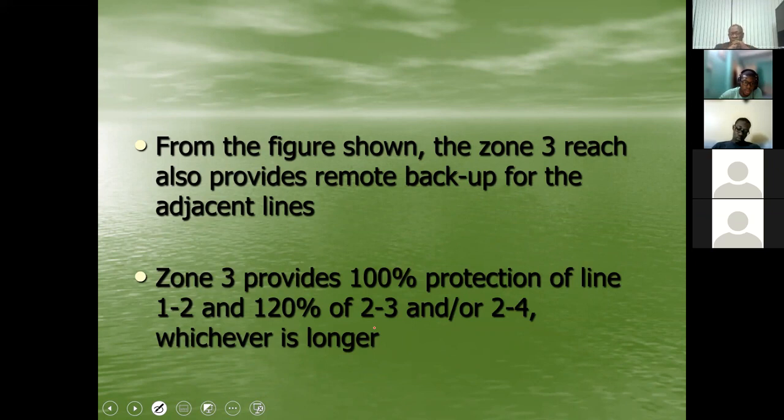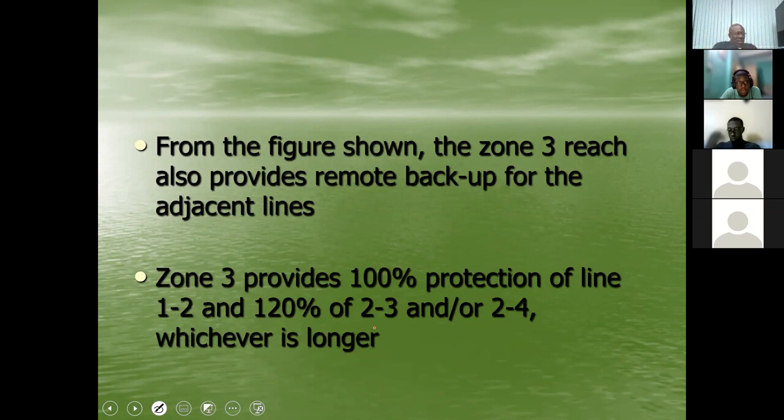For zone 3, and this now is related to the diagram that we have, your zone 3 is 100% of the protected line plus 120% of lines 2, 3 or 2, 4, whichever of them is longer.